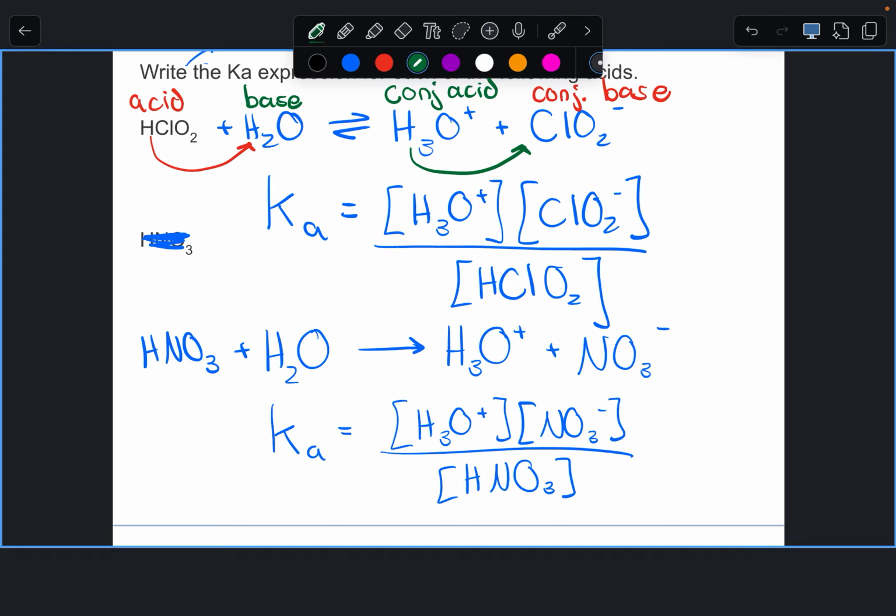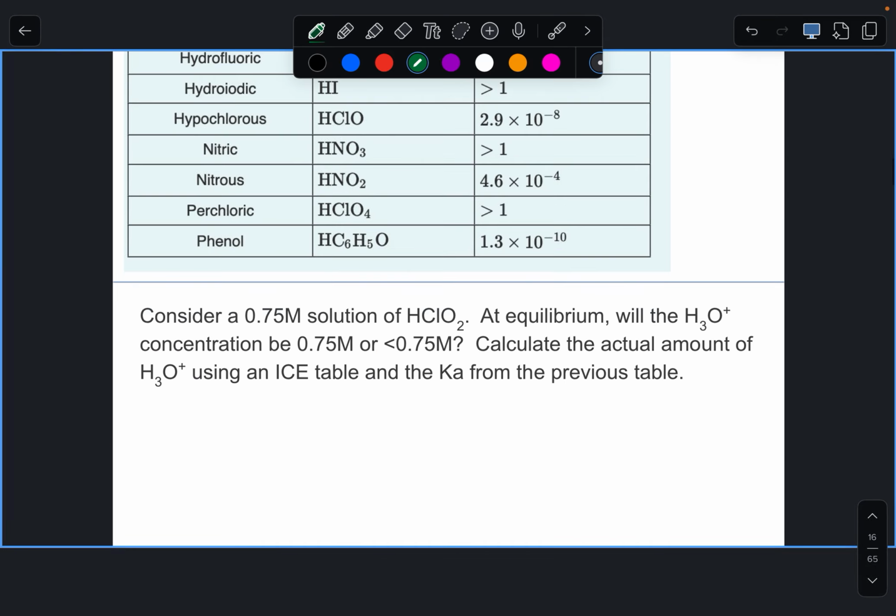Then when we go to write the K expression, we call this a Ka because it's a very standard reaction. Like it's always the acid with water forming H3O plus and the conjugate base. So it's not any acid doing anything and has a K value. It's specifically reacting in water, donating its proton. And so you'll get tables, we'll see this down here.